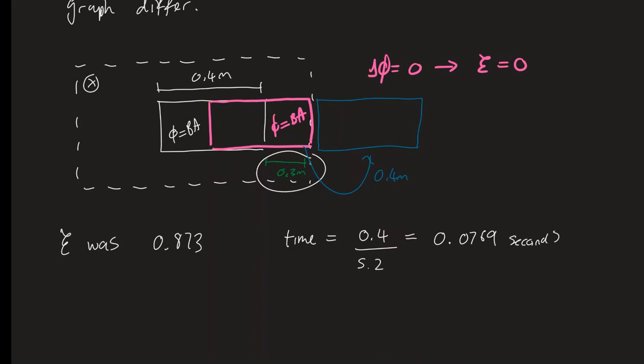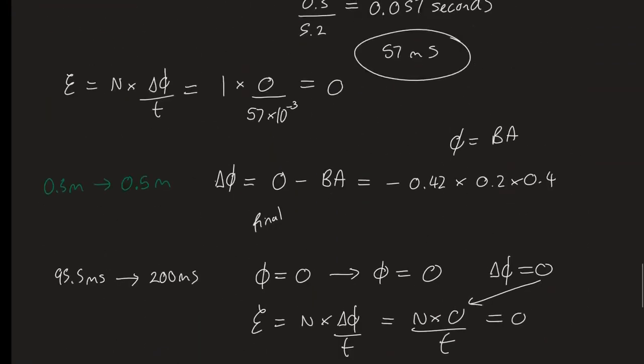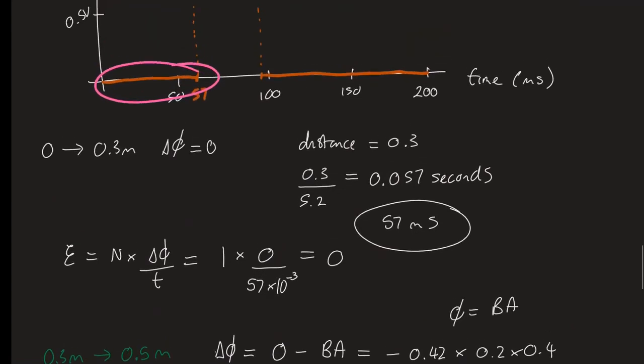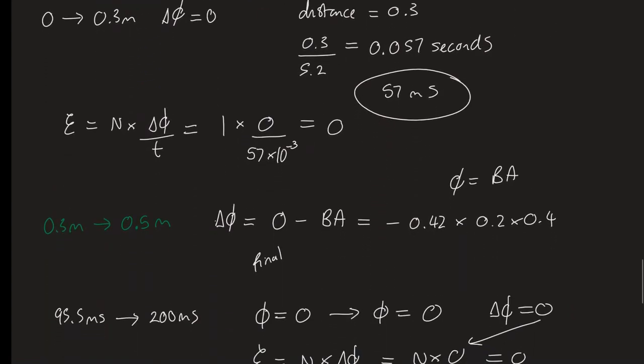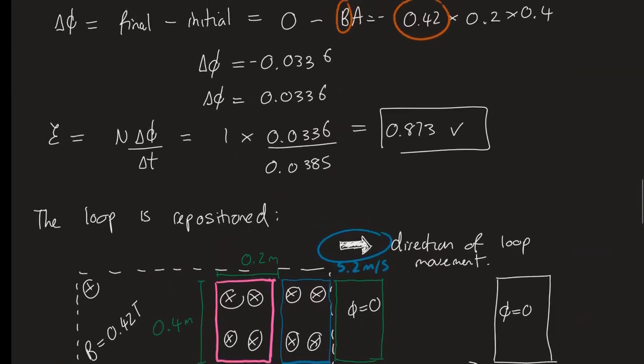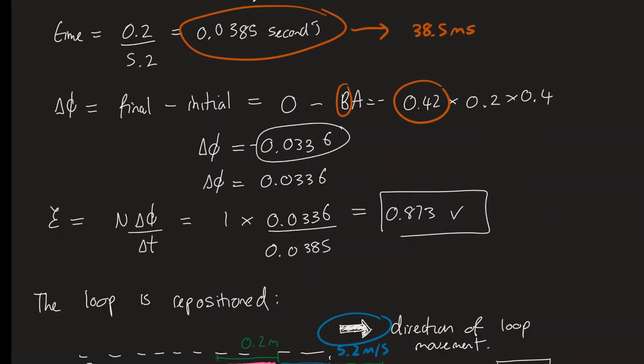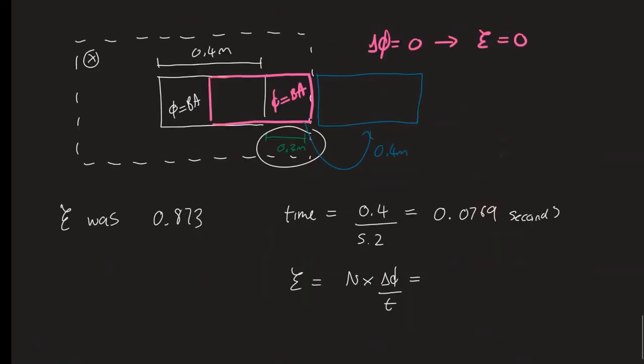And then applying the equation for Faraday's law, we've got EMF equals N times change in phi over T. The flux change is the same as we saw before, 0.0336.